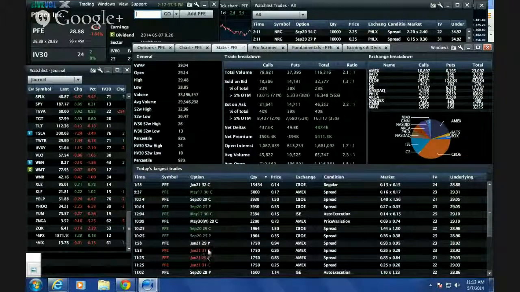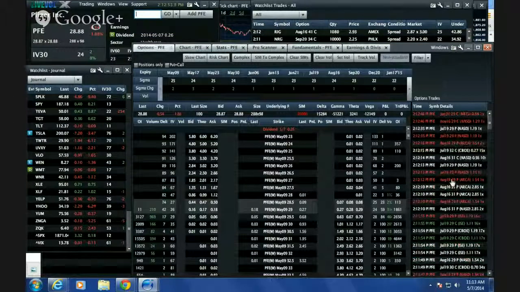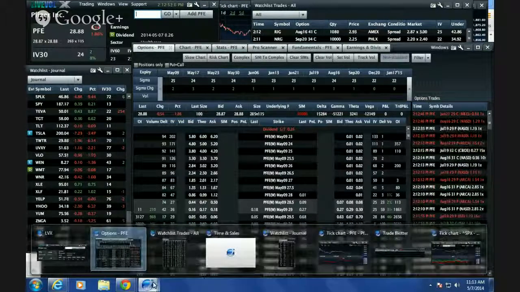This trade right here, where this person sold the June 29 puts 1,750 times and sold the June 31 calls 1,750 times here around 11:26. I actually went to time and sales, oh, I think it might already be up.